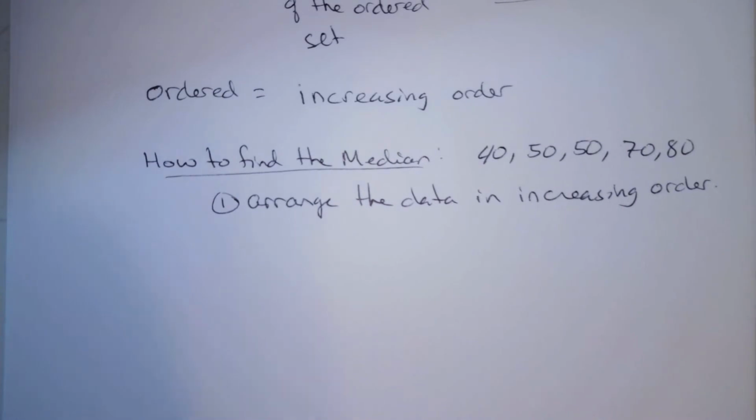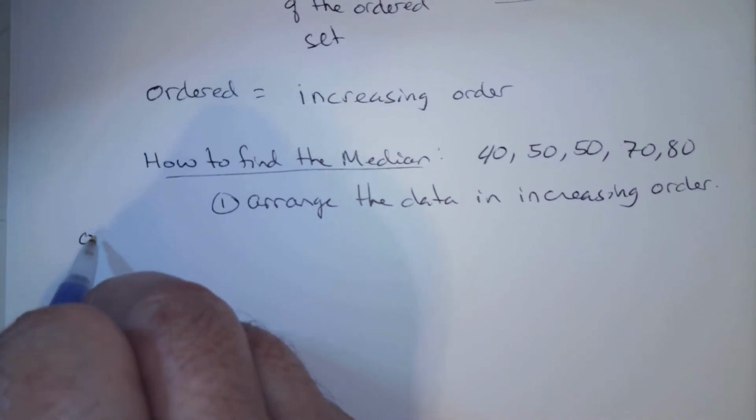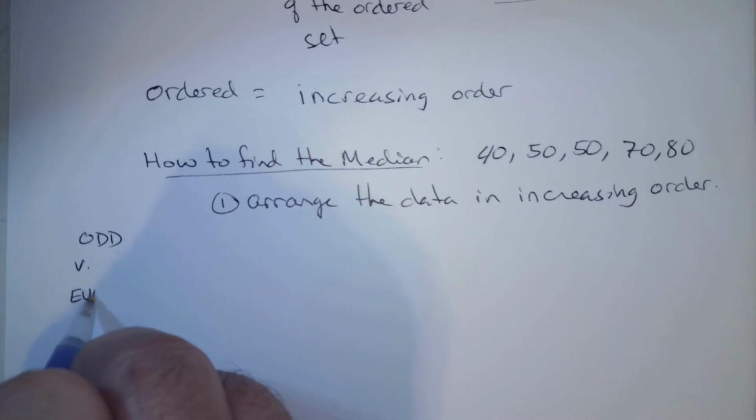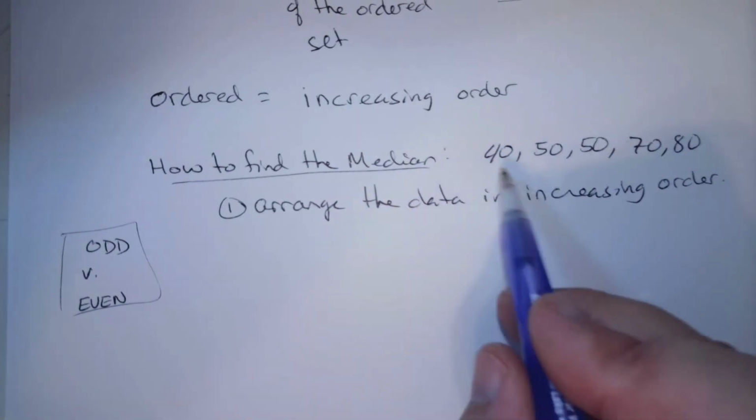Let's start with this here first, because it matters if you have an odd number of data versus an even number of data. So you arrange it in increasing order.